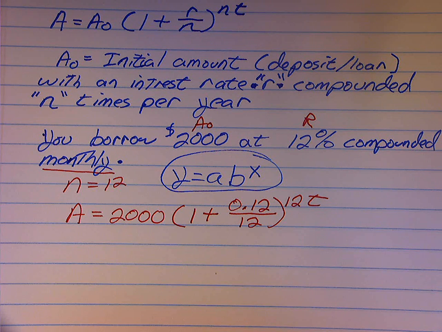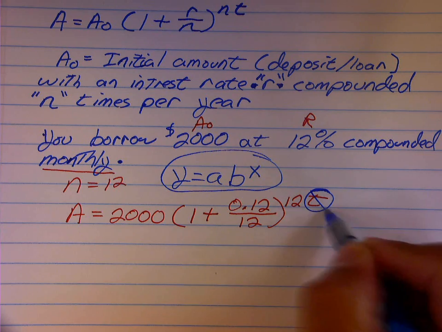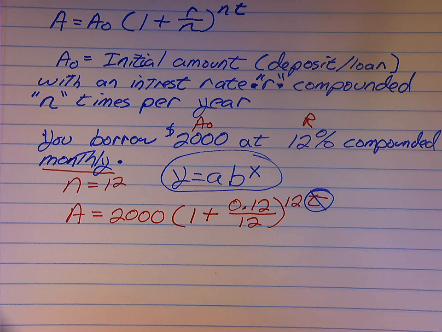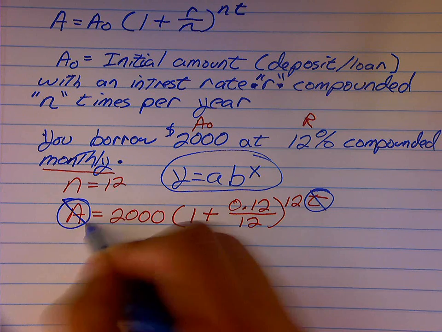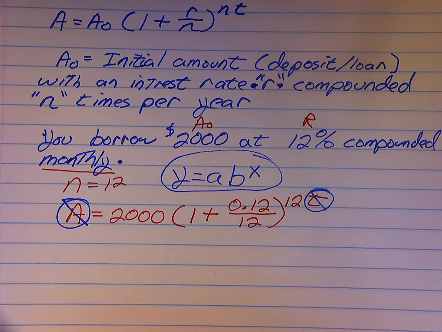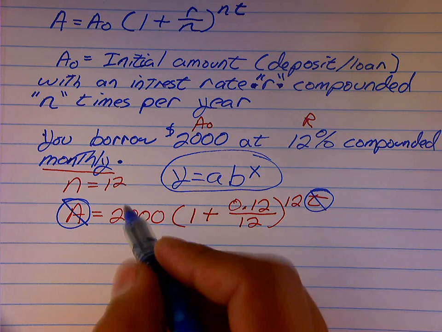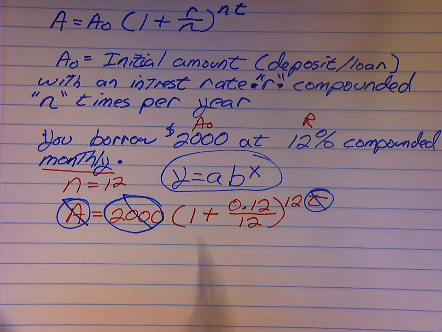To be able to do this, I must be able to identify the factor. What I'd like you to notice, t is my input variable. T is not the factor. A is my output variable. That is also not the factor. The 2,000 in front is my initial value. The initial value is not the factor.